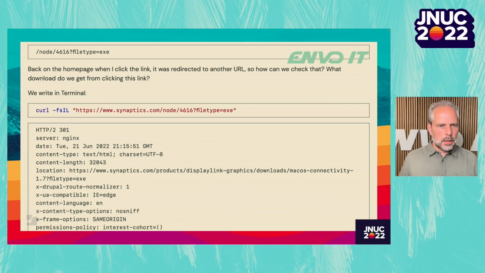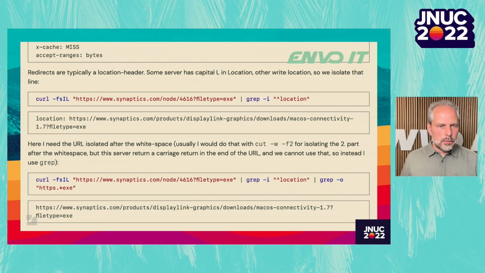Then I would like to know how the redirect happened. If you look in the result here, there is a location field that is taking me to another URL. So I will show that: if I take the first URL, download that using only the headers, I can grep for location and find what is actually being redirected to.